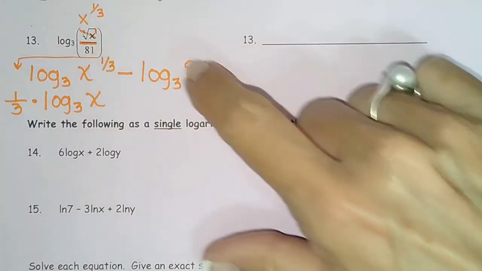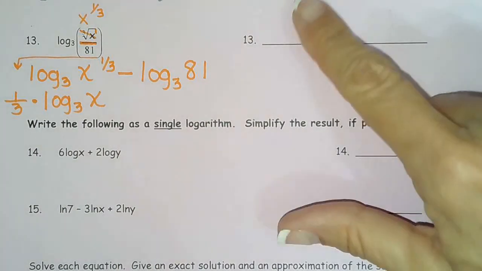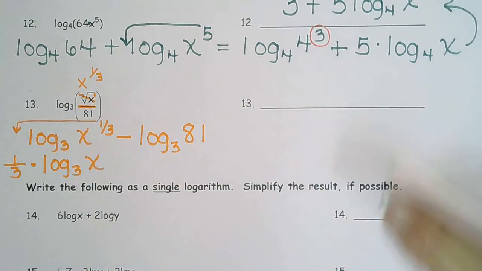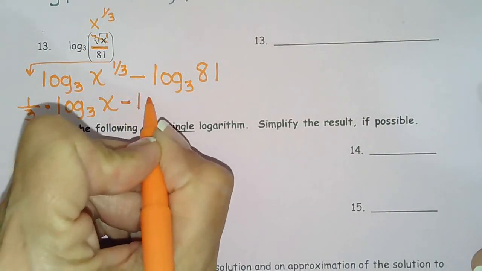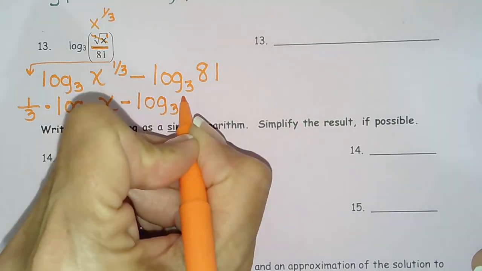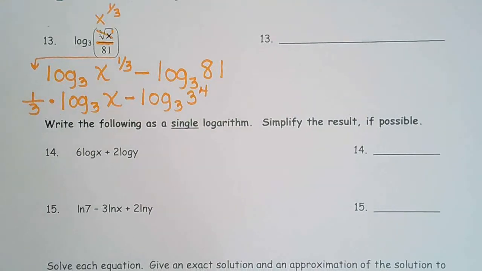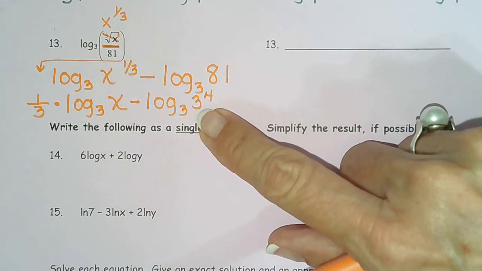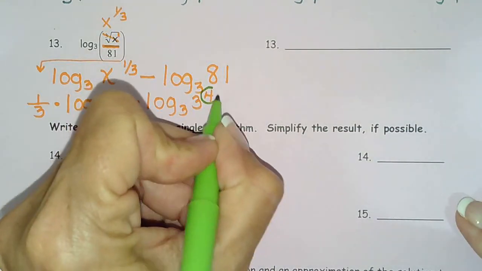Anytime there isn't an x, look and see if you can rewrite it so that you can do this inverse property that we did here. And we can. So that would be log base 3, and 81 is the same thing as 3 to the fourth. Do you all agree that's just going to be 4 for that second term? Because the base of the log and the base of the exponent are the same. Therefore, the answer is just going to be the exponent.